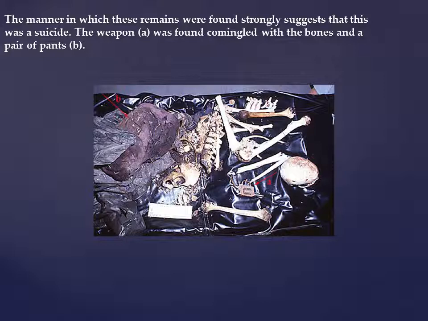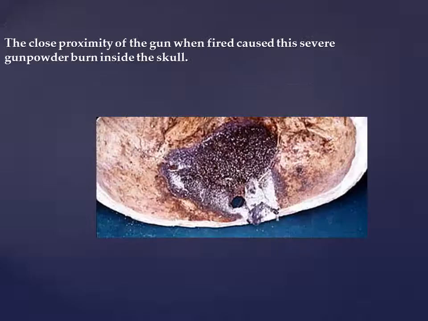And for something to be declared a suicide, you have to show some kind of intent, meaning that they left a note, that they were giving their belongings away, that they had a history of depression, suicidal ideation, that type of thing. And this is what it looks like when you have a close range gunshot wound.